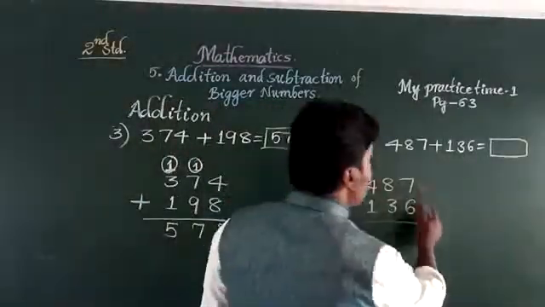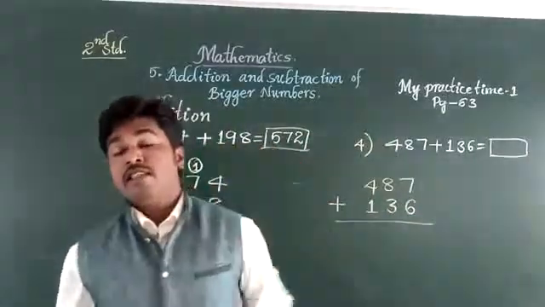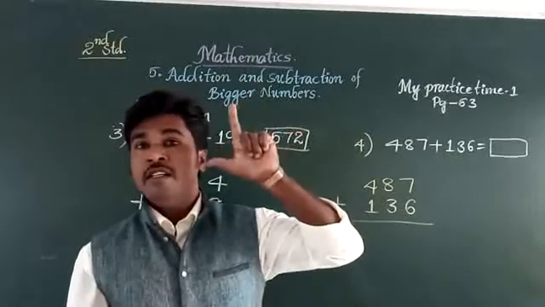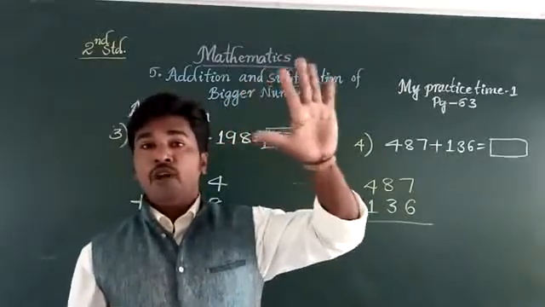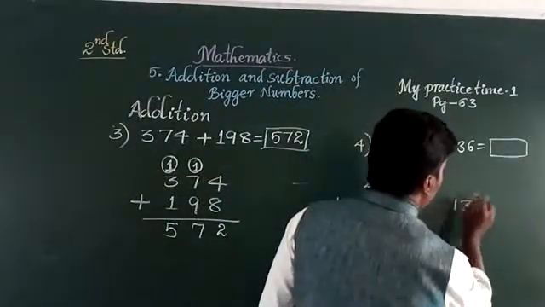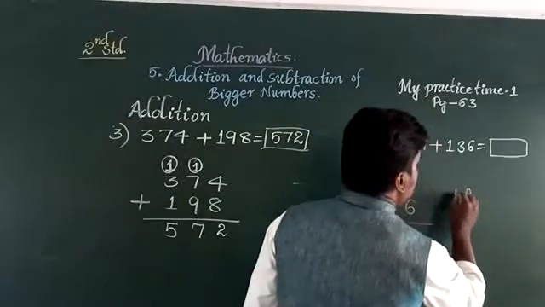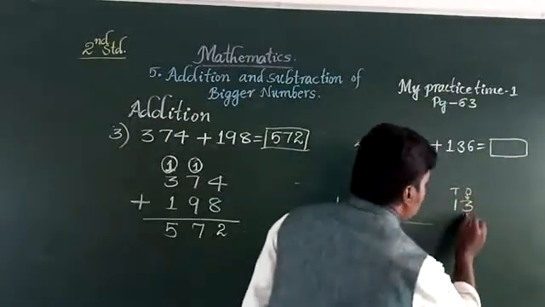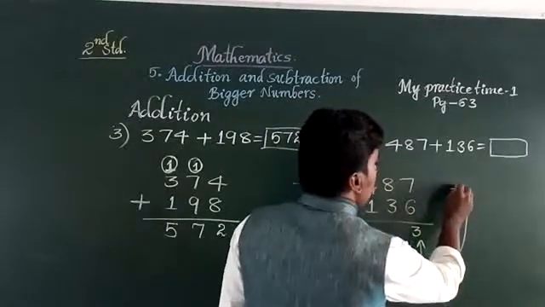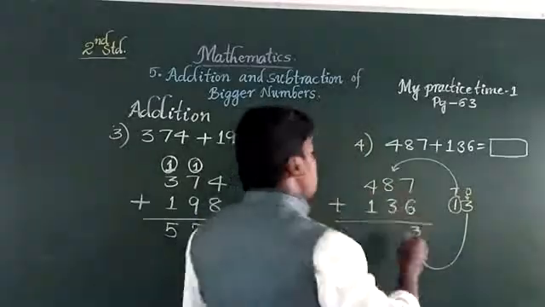Okay. So 7 plus 6. You keep 7 in your mind. 6 you count. 7, after 8, 9, 10, 11, 12, 13. Which number you got? You got 13. In 13, 3 is in 1's place, 1 is in 10's place. This 3 has to be written in 1's place, and this 1 has to be added to the next number.